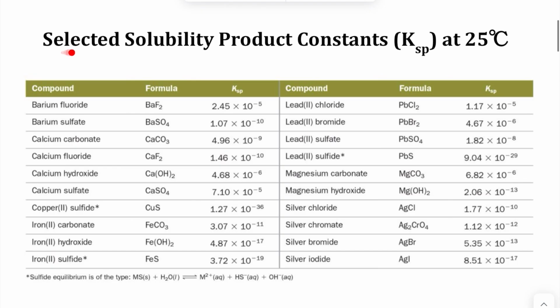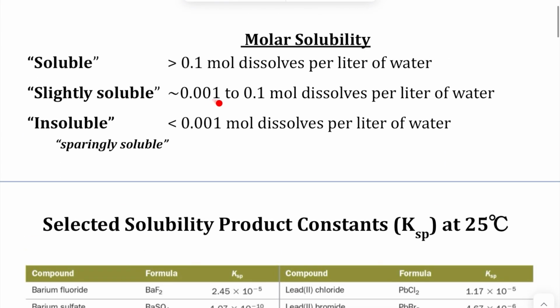And so we actually use an equilibrium constant to describe how soluble something is. Instead of saying the concentration per liter of water to classify, which is molar solubility, it's actually more common to use an equilibrium solubility constant, a Ksp, so SP, solubility product constant.